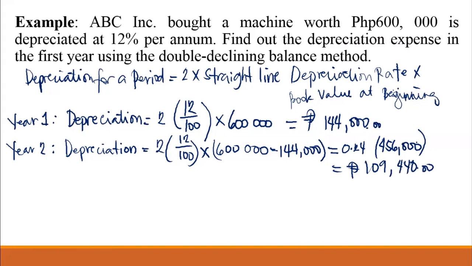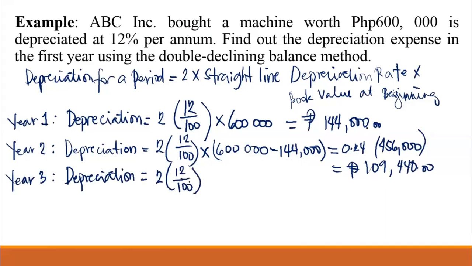So yung second year. So we have year 3. O, paano naman, gaano naman kalaki yung ibinaba ng machine sa pangatlong taon? So for the depreciation, ayan, so follow lang natin yung proseso. So 2, since double declining tayo, 2 times 12 over 100 times, okay?